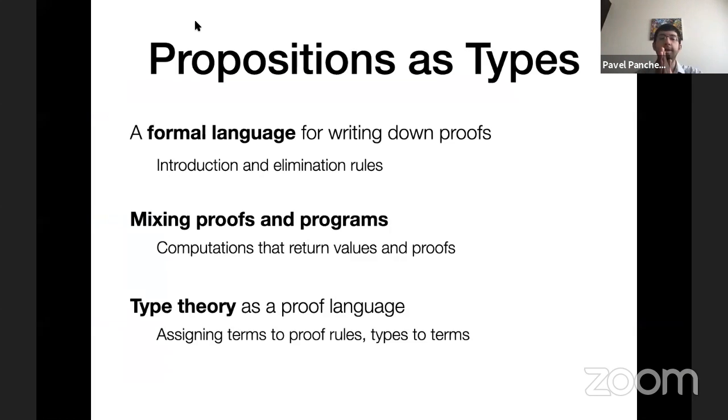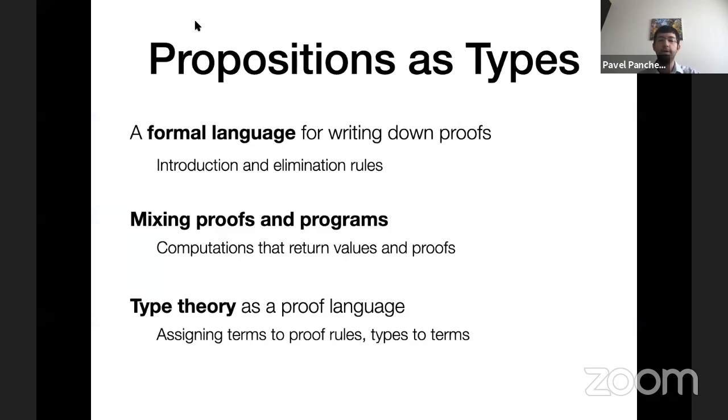Then we noticed that our syntax for each proof rule looks a lot like syntax that you can use to write down programs. So we had this idea of a language that mixes proofs and programs. You can have computations that return values, you can have computations that return proofs. And we discovered that this looks a lot like a programming language with a static type system, like Haskell or Scheme.